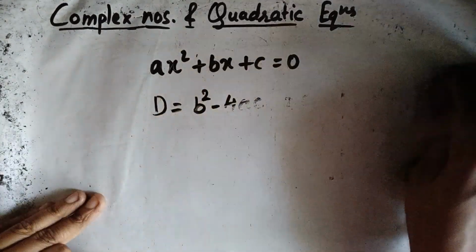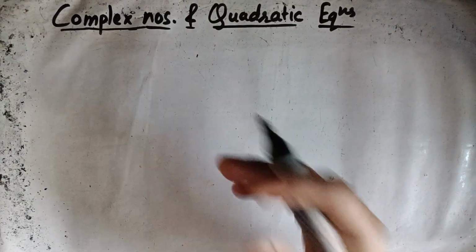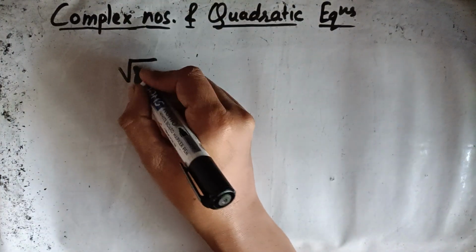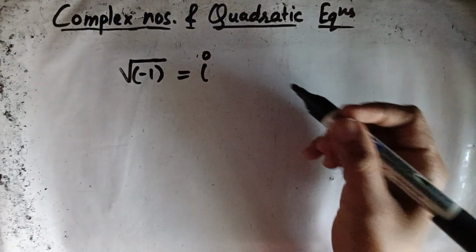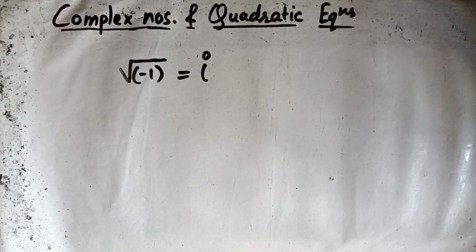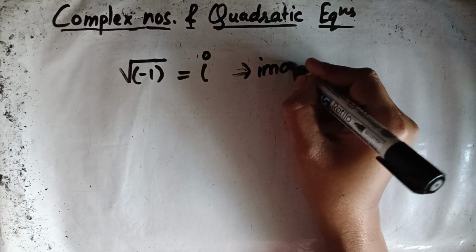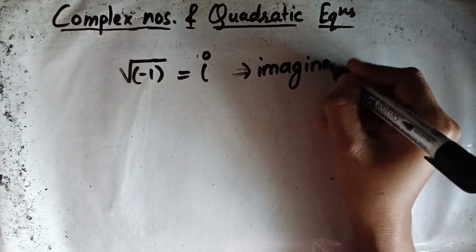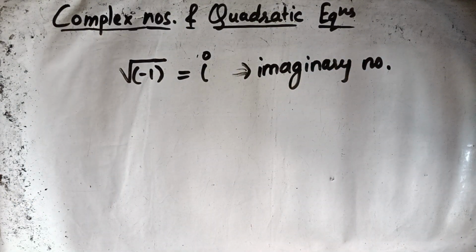So we'll write that root of -1 is nothing but i, and i we call it an imaginary number. i is equal to root of -1.